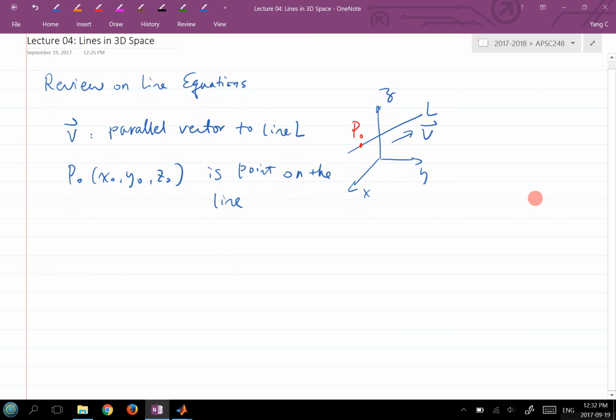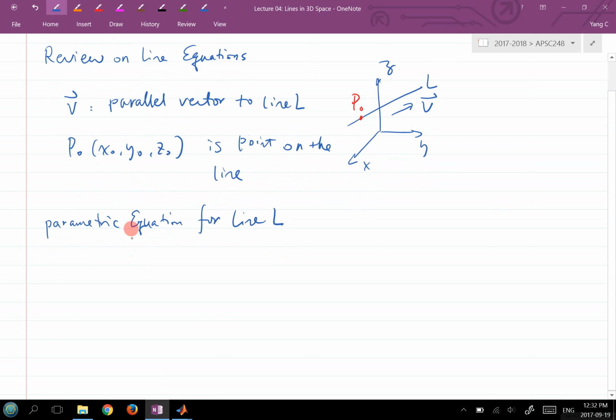The parametric equation for line L can be described as x equal to x naught plus k times v1, and y equal to y naught plus k times v2, and z equal to z naught plus k times v3.